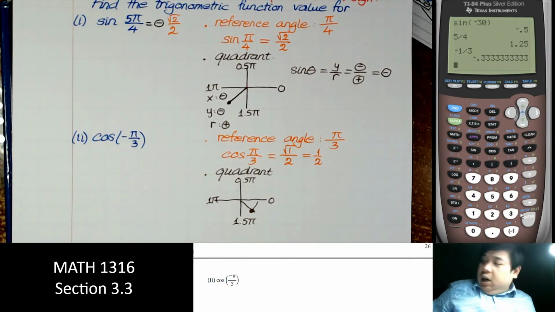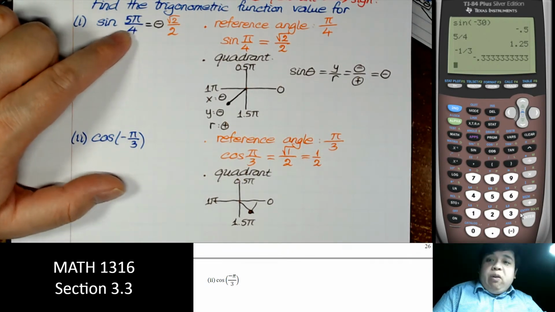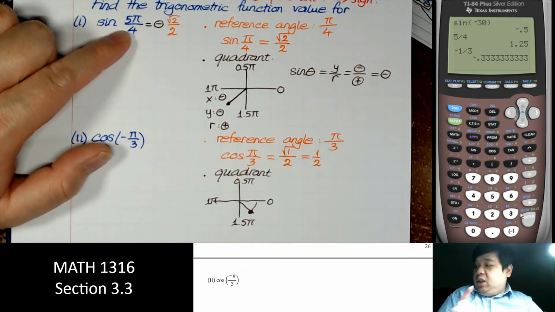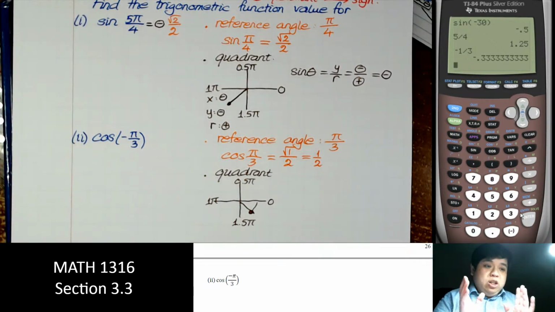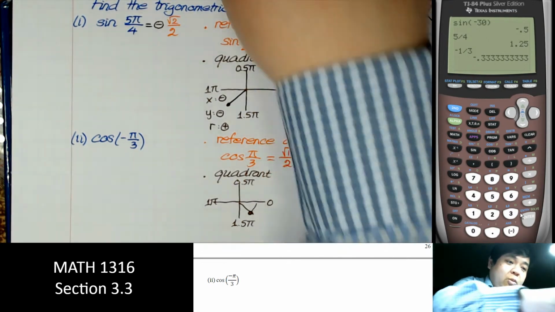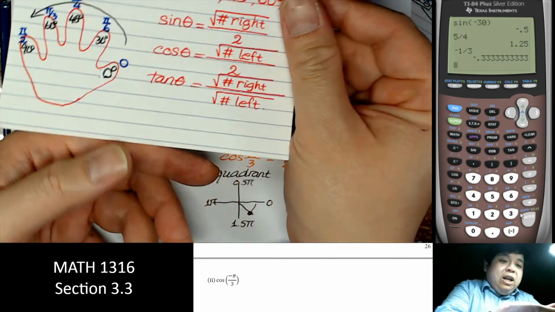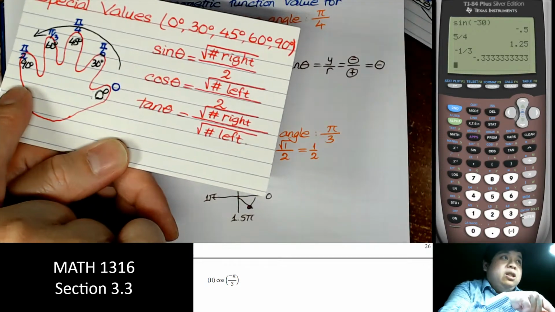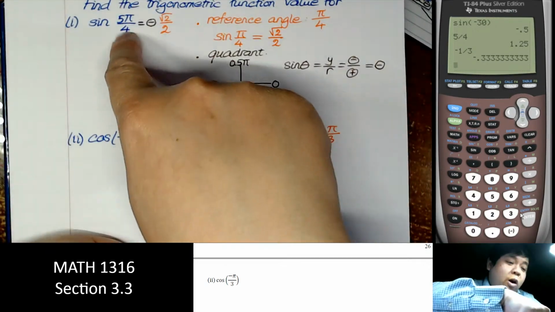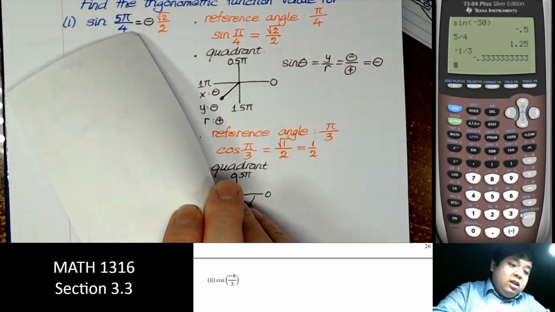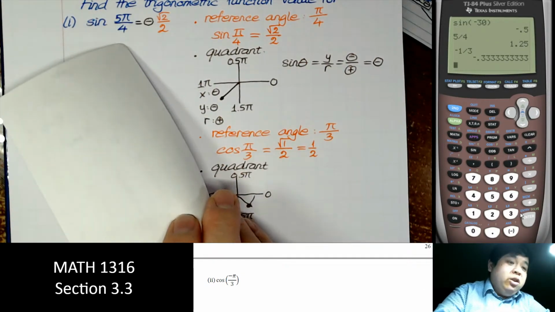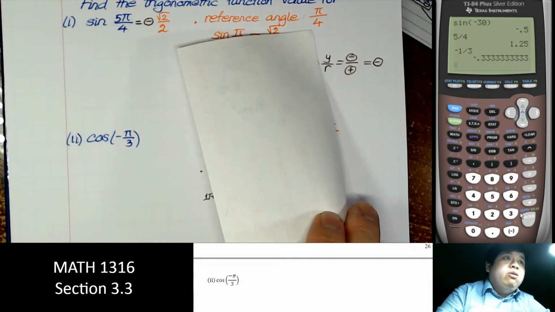I got a question. The reference angle has to be between 0 and 90 degrees, so we have to pick an angle that is between 0 and 90 degrees, or 0 to pi over 2. Remember, this only works for anything from 0 to 90 degrees. So we have to go from any angle into a reference angle. And the way we do that is, if that is a reduced fraction divided by 4, this is pi over 4.